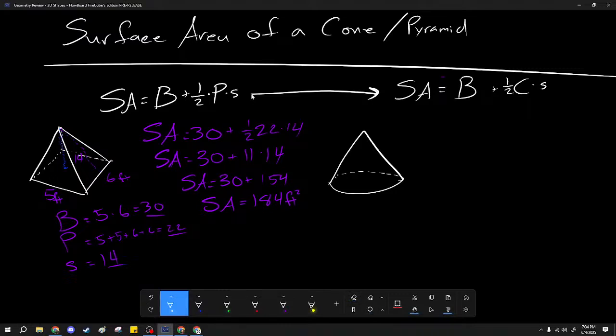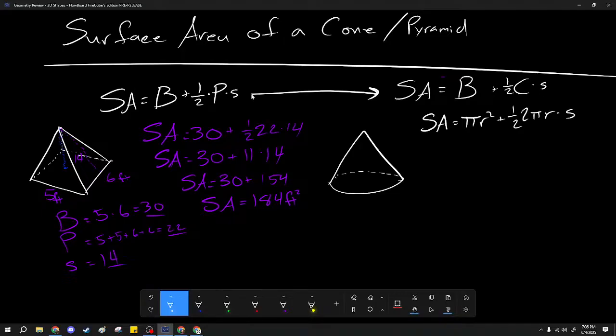Okay, this is the difference. Perimeter has changed to circumference. To make it even more explicit how simple this is, for surface area I'm going to replace the area of the base with the area of the circle, pi r squared, plus 1/2 times the circumference formula, 2 pi r, times s.